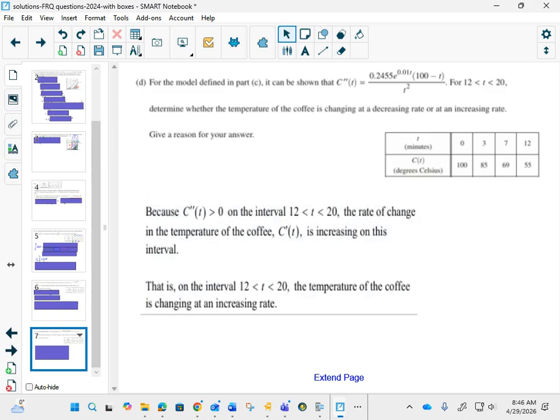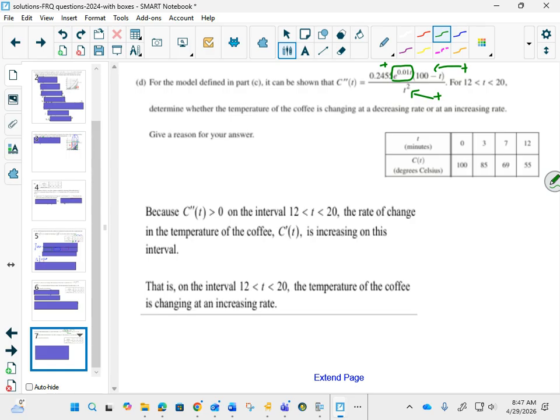So if I look at this second derivative between 12 and 20, do you see that t squared will always be positive. 100 minus t between 12 and 20 would always be positive. And e to any exponent is always positive.